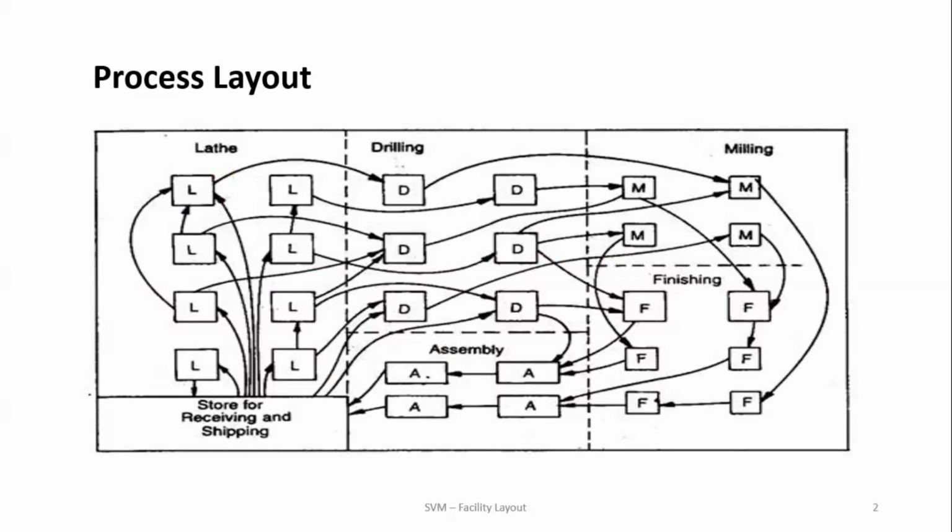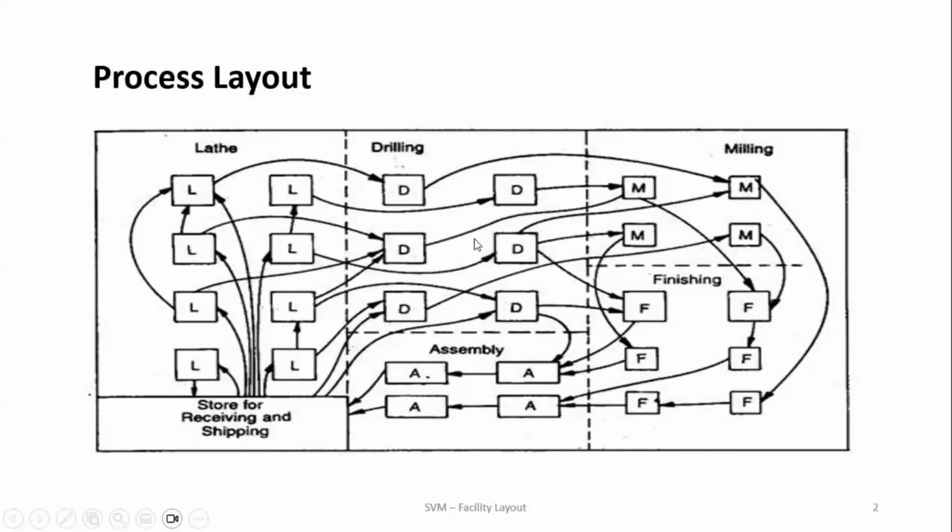Process layout. You may notice here in the process layout, in this area everywhere you find lathe machines. In this area, everywhere drilling machines. Here it is assembly machines. Here milling machines. Here it is a finishing section. Any job which comes, suppose that job requires drilling, milling and finishing, then that job will directly come here to drilling.